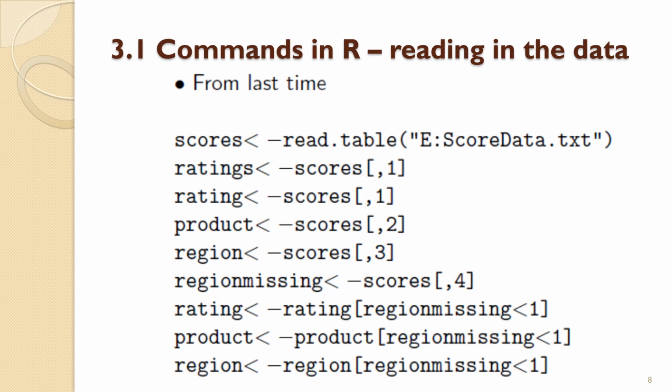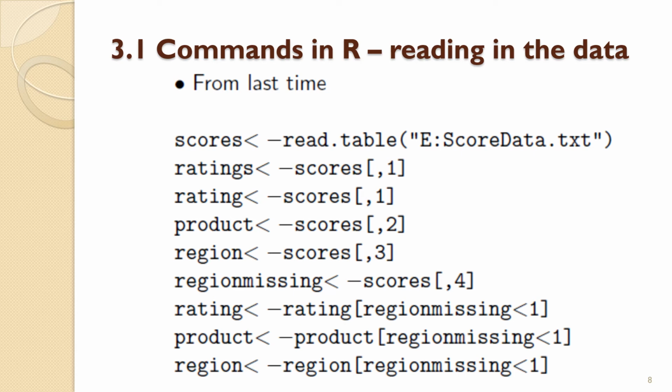So what we've eventually done here is rating is the first column of this data set, product is the second column, region is the third column, and then the region missing variable is the fourth column. The region missing variable is 0 if the regional data is given and 1 otherwise.